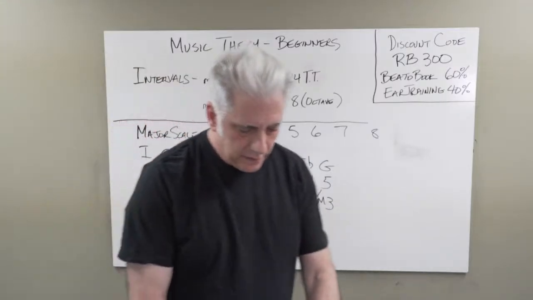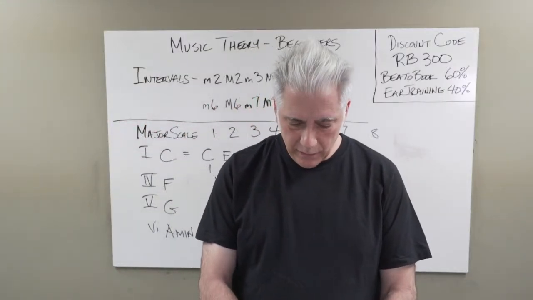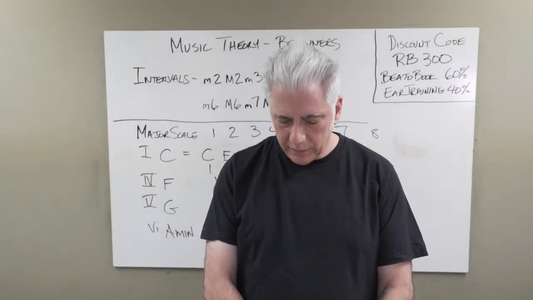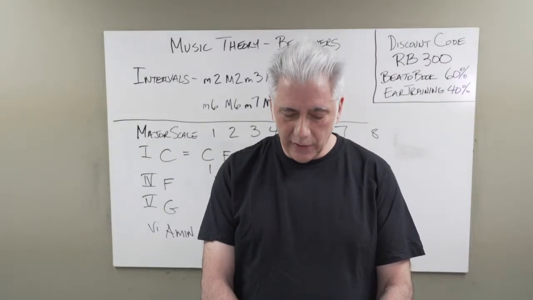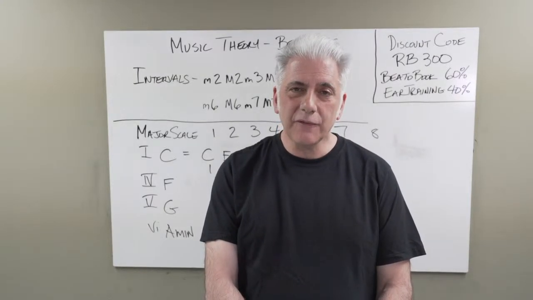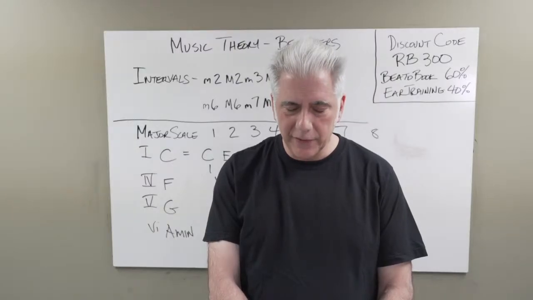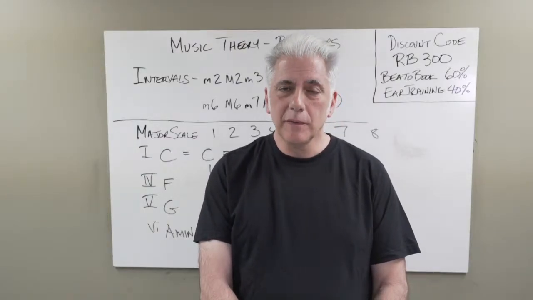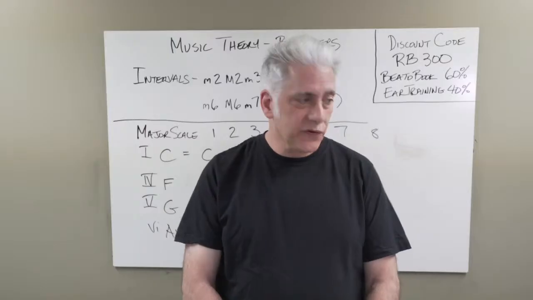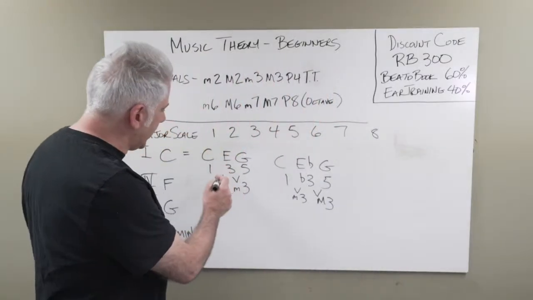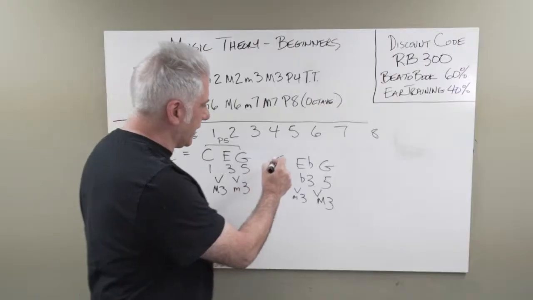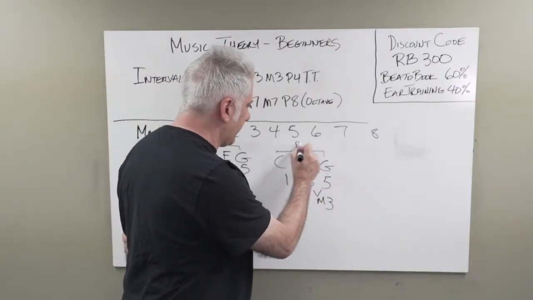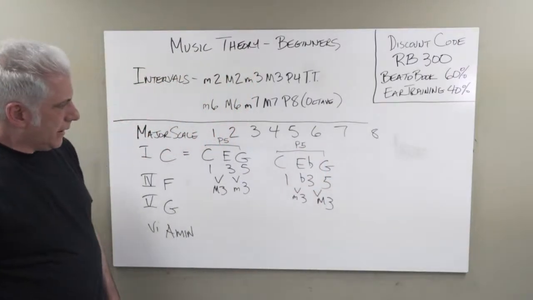C minor is just the opposite. C to E flat is a minor 3rd, E flat to G is a major 3rd. But the outer notes are the same between the 2 chords, right? C to G, that interval is a perfect 5th, P5. P stands for perfect.